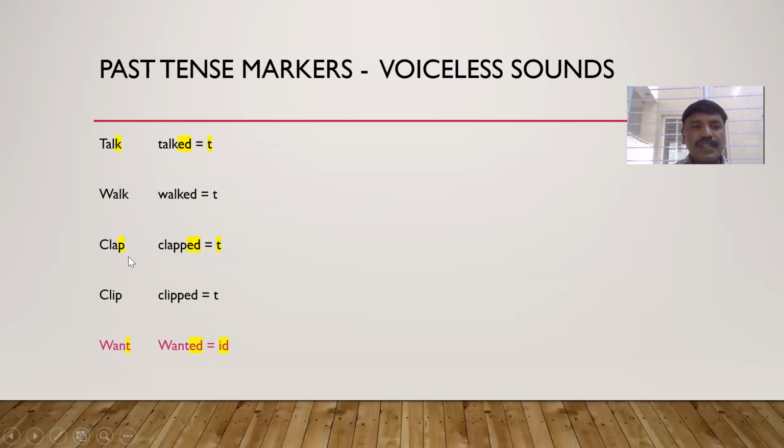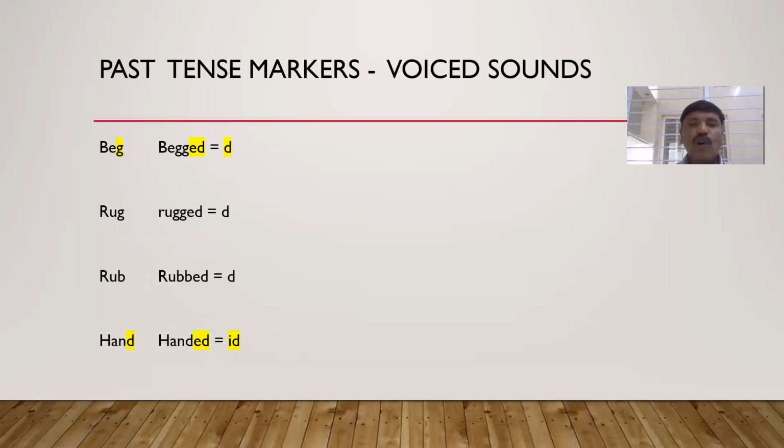In the cases of k and p, the ed is pronounced as t: talked and clapped. But here, want, wanted, it is pronounced as id, wanted, because of the phonetic constraints there. So it is wanted, but it is clapped and talked.